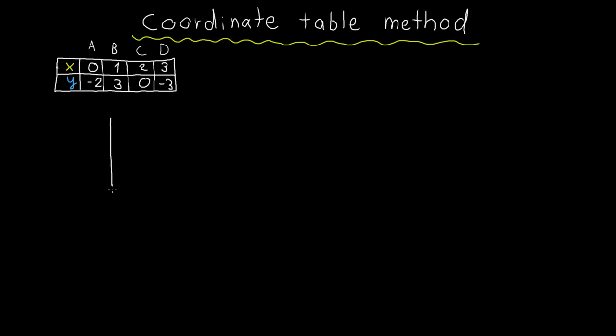Let's draw a coordinate system. We have x, we have y. I'll even add the color so it's really clear. So x, and the blue is y. So let's start with the first point.